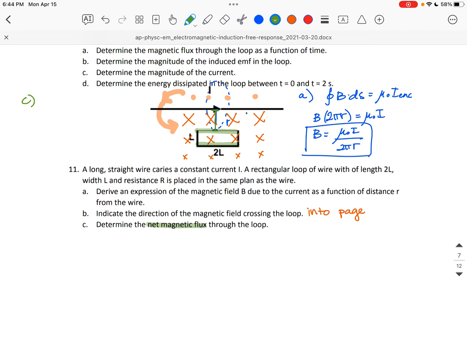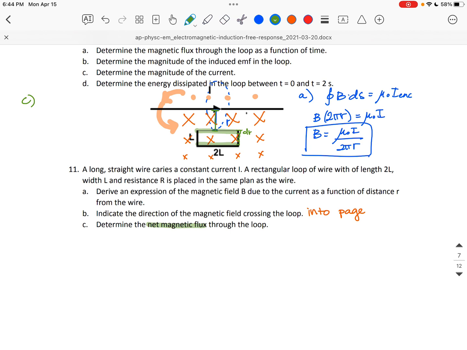And as we go further and further out along this wire, we get a larger and larger r. So instead of using dl, I'm going to change the variable to dr, and then we're going to go from the top of the loop all the way to the bottom, a full length of L.